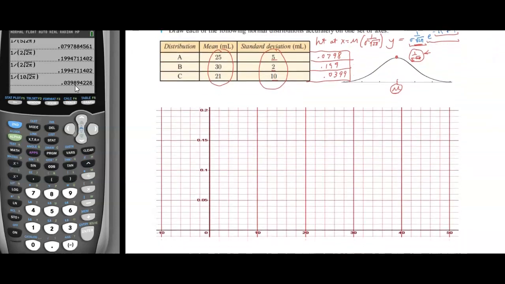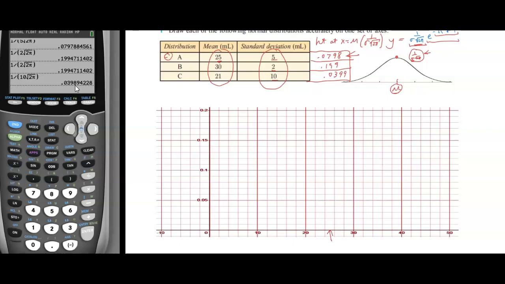Okay, so now let's graph these three. We're not going to graph it with a lot of precision, just kind of precise. We're just going to try to show the relative heights of the three and the relative widths, okay? So first, let's graph this first one, which is 0.0798 high. It has its mean at 25, so its mean would be about there for A, okay?